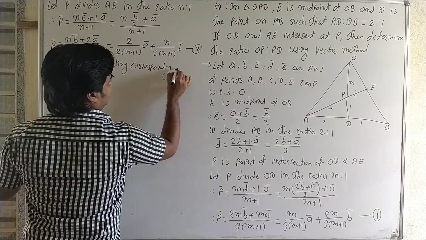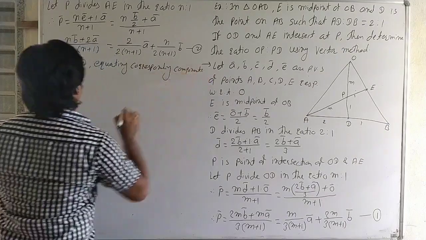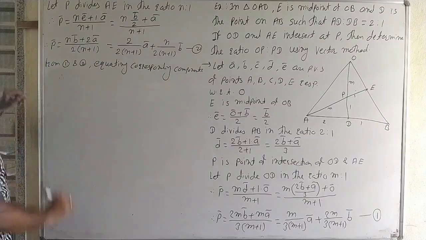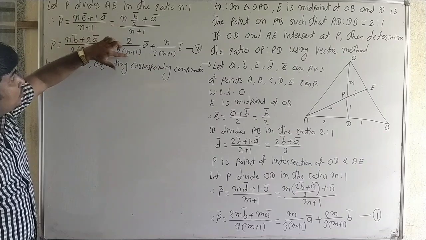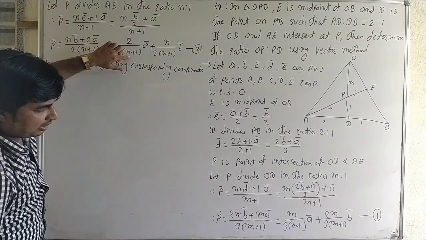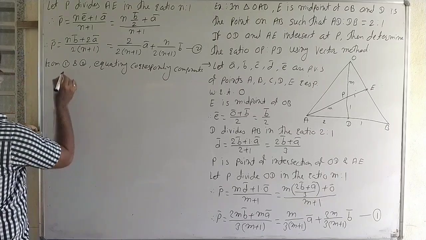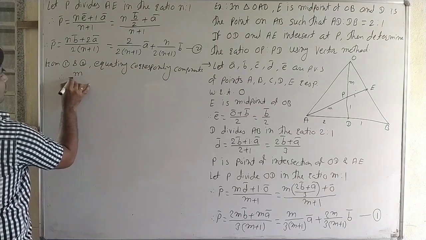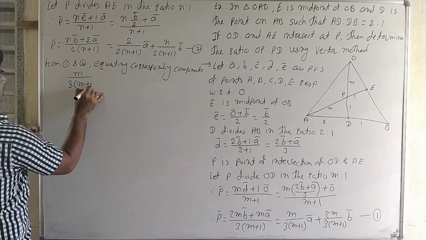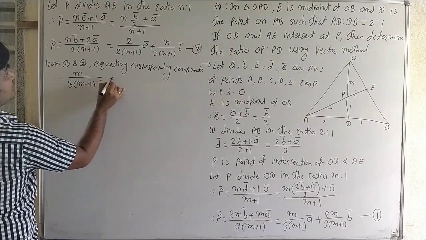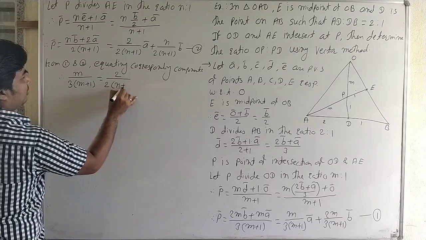The coefficient of A bar gives m upon 3 into (m plus 1) is equal to 2 upon (2n plus 2).